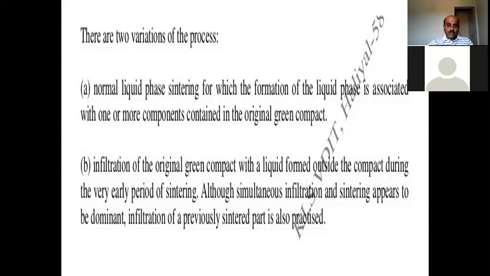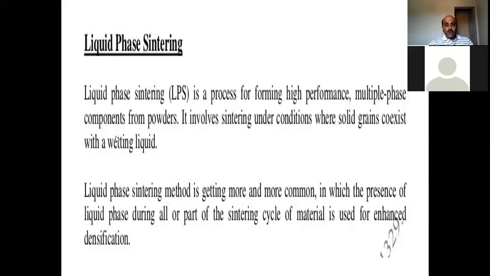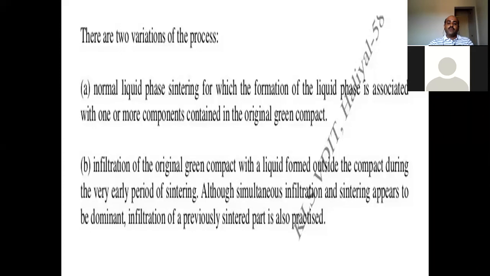So that's what we were talking about in the previous slide. There is a wetting liquid, which you can get from the liquid phase associated with the components which are already there in the original grain compact. That is the one process.